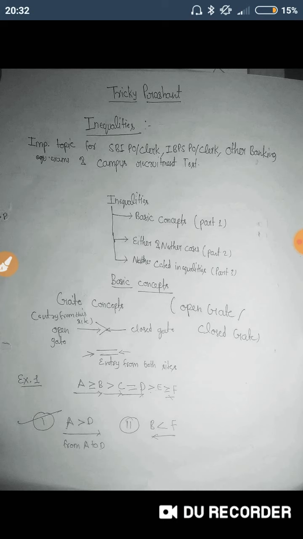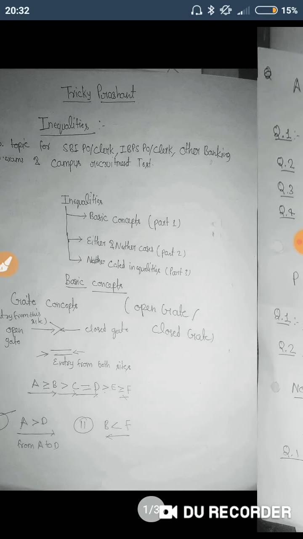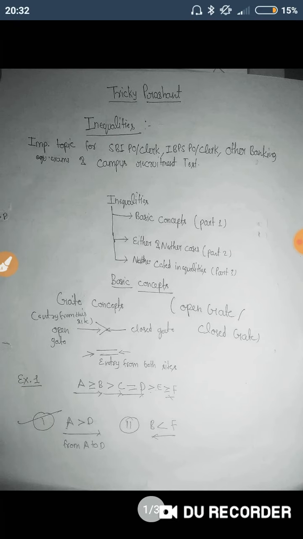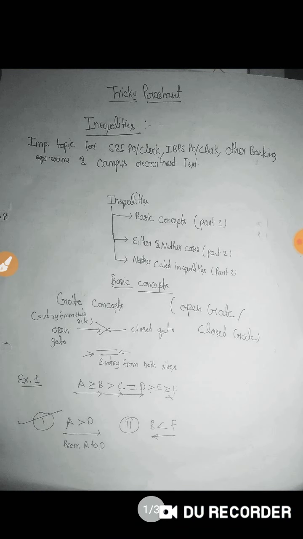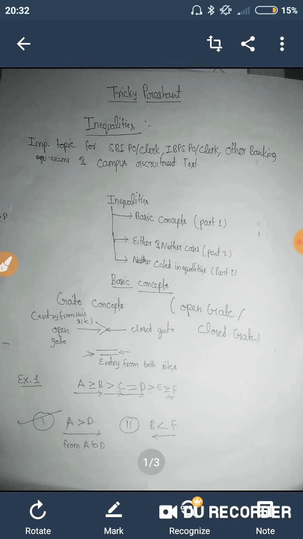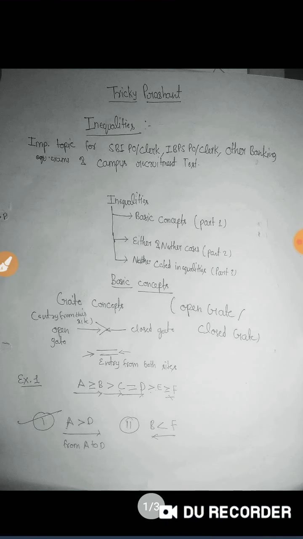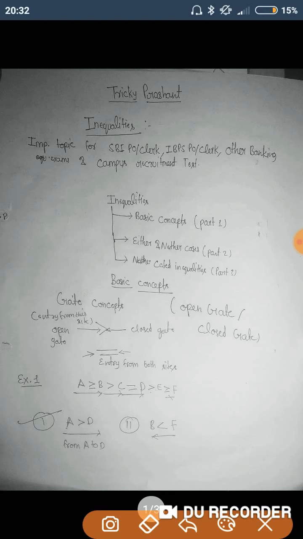So let's discuss one example first. You can see this question. First of all, it is not necessary to read the question first; first see the conclusion. Here a greater than d, so we have to go from a to d.